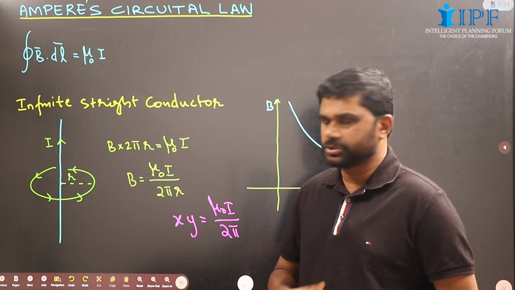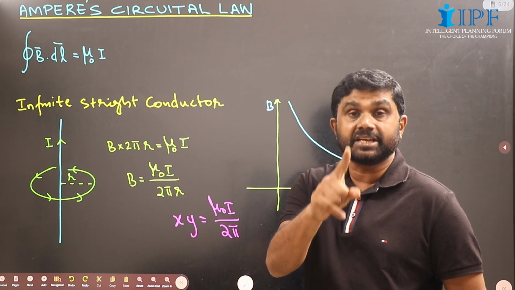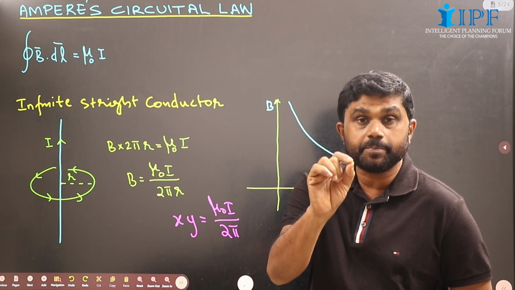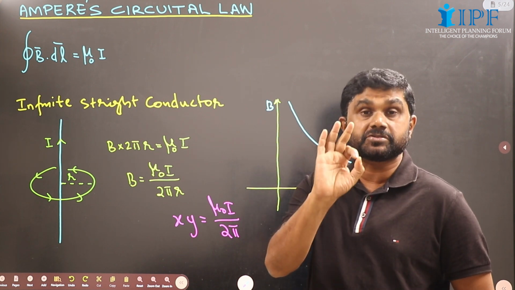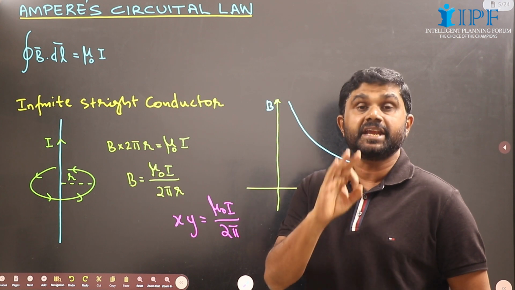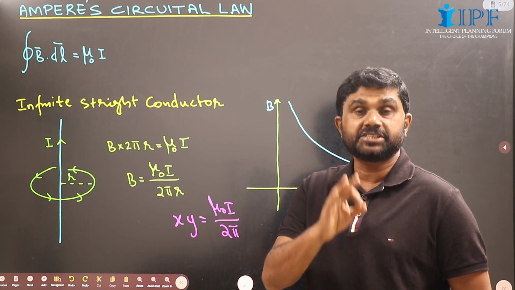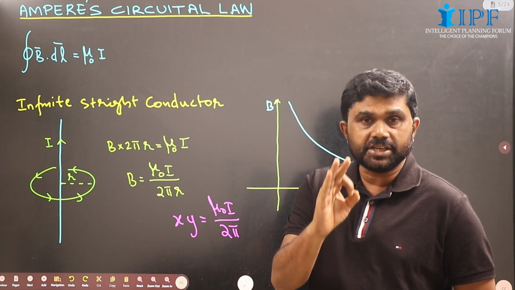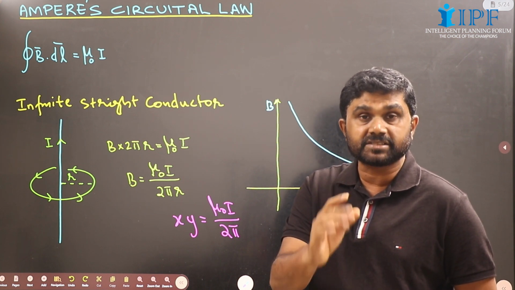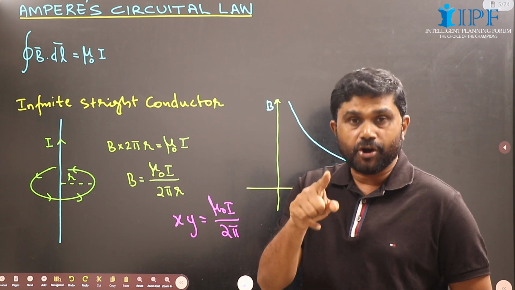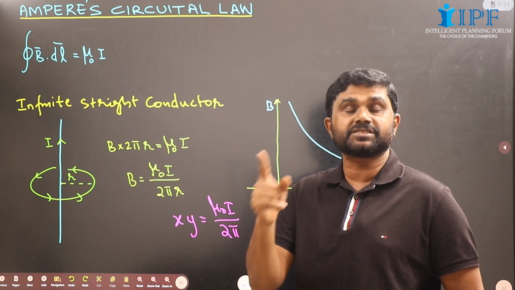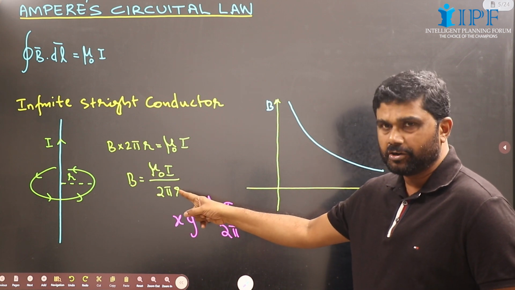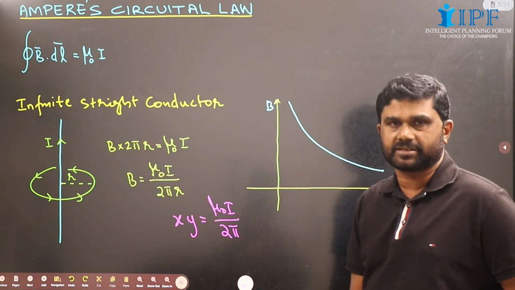Now let me plot this magnetic field against the distance r. In order to find the shape of the graph, the general procedure, not only in this case, anywhere you can apply this, is to replace the quantity that is to be plotted along the x-axis with x, and the quantity to be plotted along the y-axis with y. Here I am going to plot r along the x-axis and B along the y-axis.